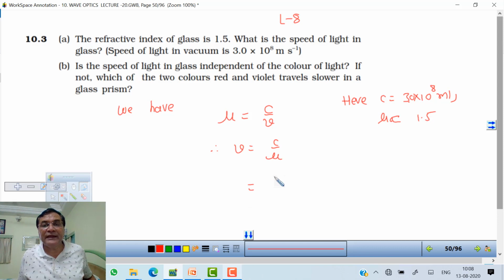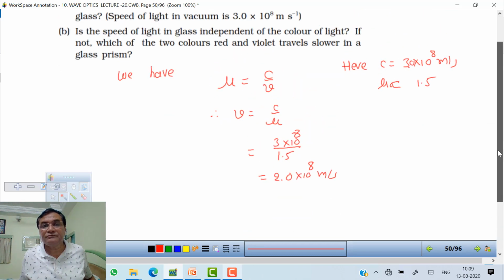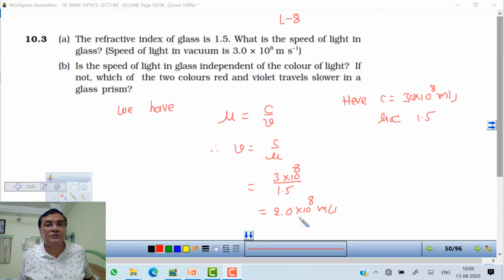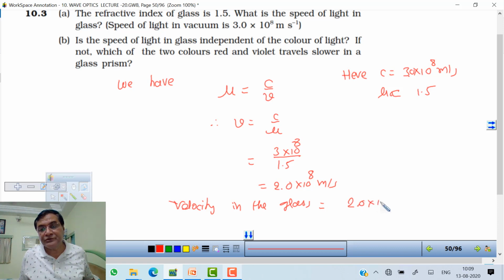Therefore, we get 3 into 10 raised to 8 divided by 1.5. So it comes out to be 2.0 into 10 raised to 8 meter per second. So velocity in the glass is equal to 2.0 into 10 raised to 8 meter per second.